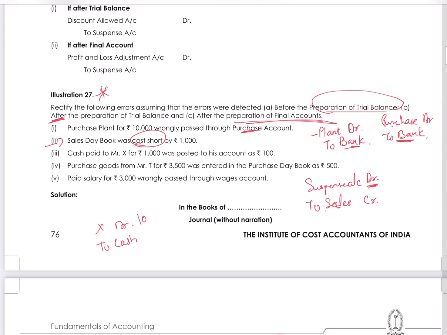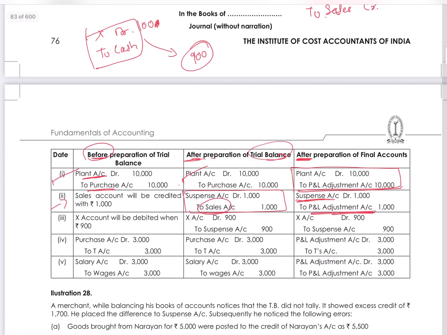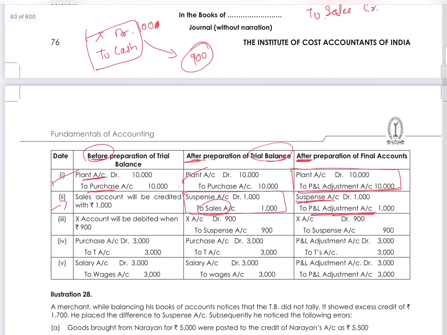Instead of putting 1000, we put 100. So we have shown 900 rupees less. So we have to pass this entry again to give the impact of the difference. So we'll write again, X account will be debited with 900 rupees.